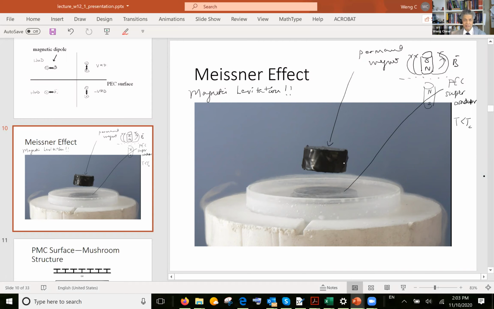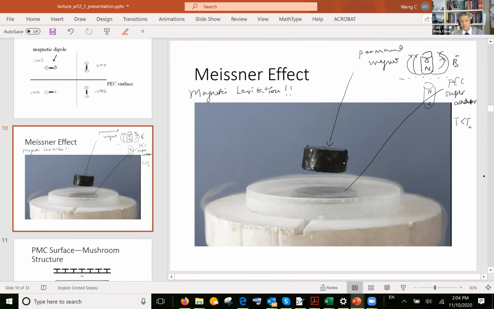Okay, how many of you have seen this before? I've seen this in the lab. Okay, very good. If you've seen this, wonderful. If you've not seen it, you can go to the museum and look for it. I saw this in the Museum of Science in Boston. I'm sure that there are some labs around Purdue University where you can demonstrate or see this being demonstrated.